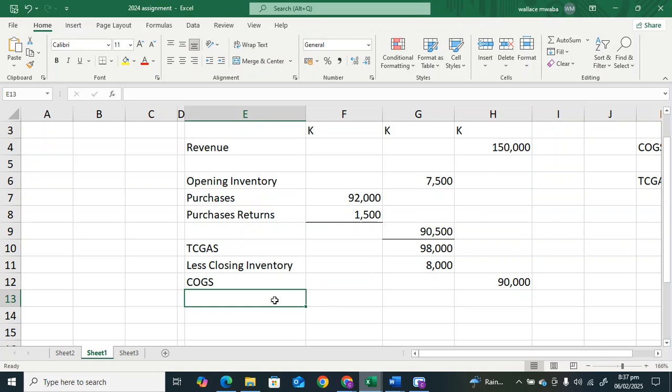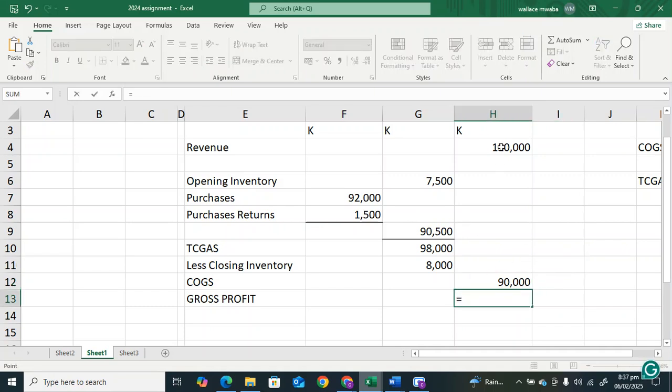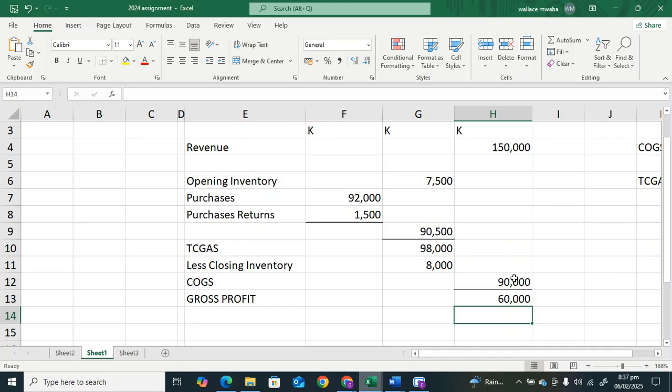Okay, so now we get our gross profit. Sales revenue minus cost of goods sold. Gross profit 60,000 kwacha.